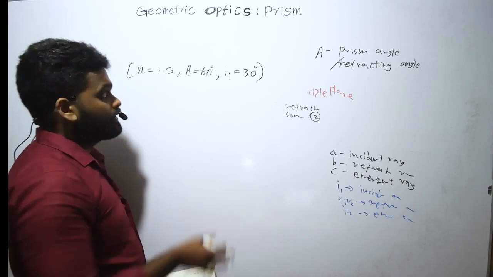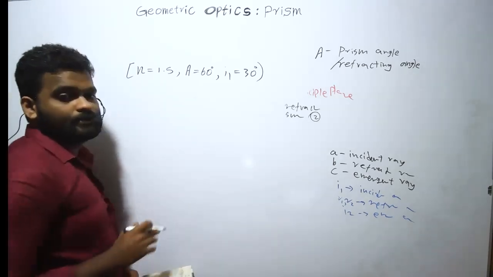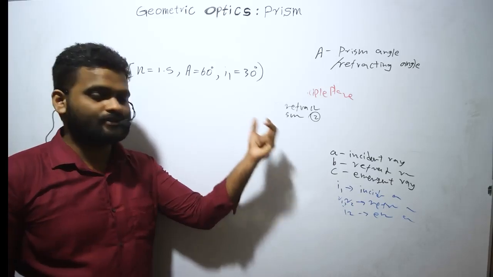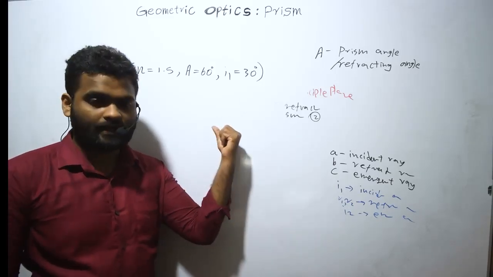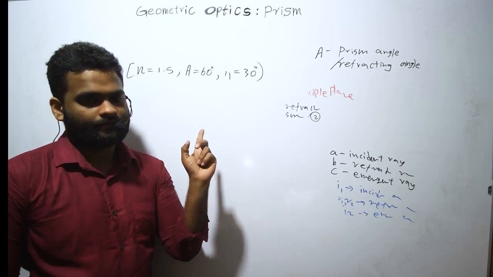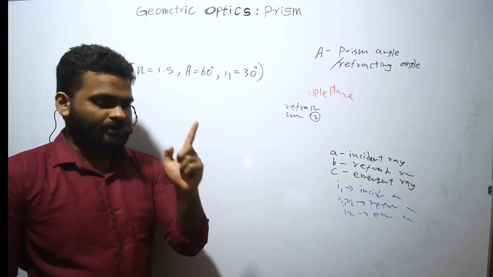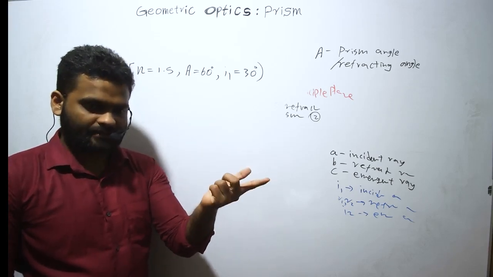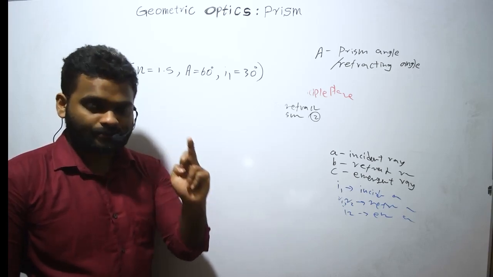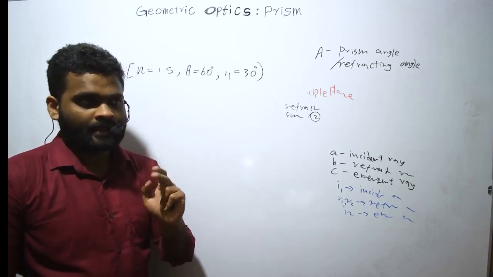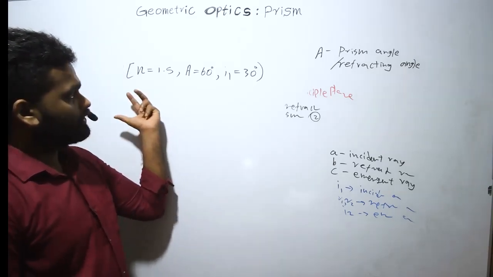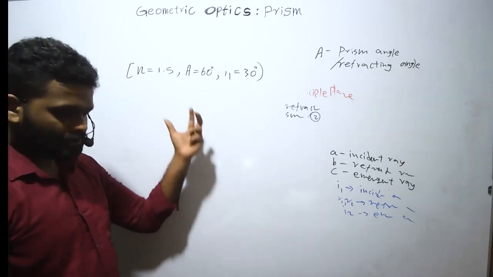For these ones, just to familiarize you with the equations we derived, you can directly use those equations. R1 plus R2 equals A, one equation. I1 plus I2 equals simple D plus capital A. Then Snell's law. Using those, you have to find that.